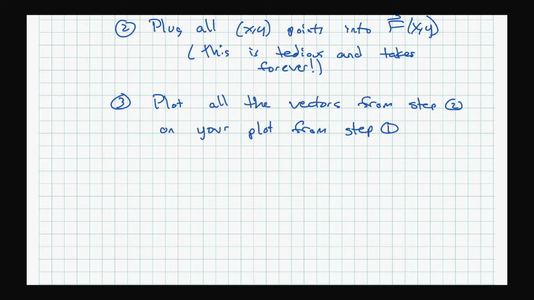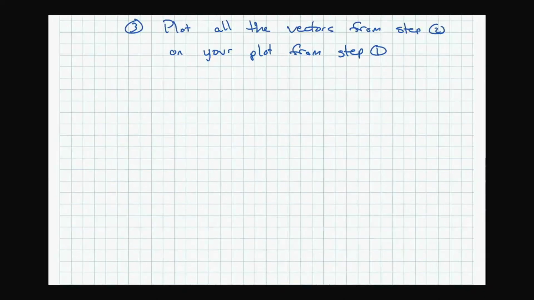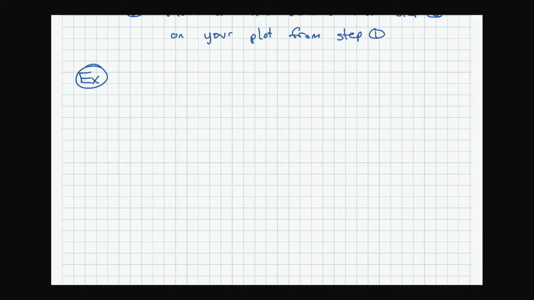Okay, so very annoying. But here's an example of that. We'll do it once, I think, probably by hand, and that's going to be it. So they say plot f of xy equals x over 2 i plus y over 2 j.